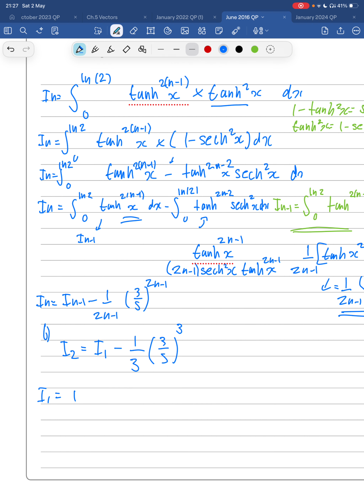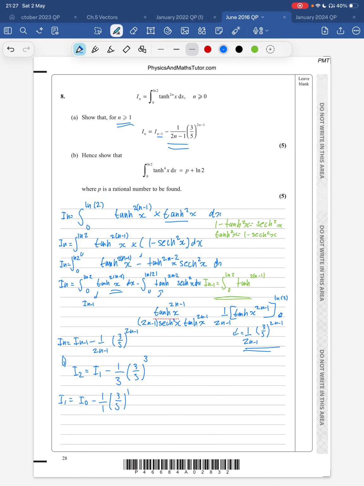That's going to give us I_0 minus 1 over 2 minus 1, times (3/5)^1. I_0 is not as simple as just using the reduction formula, because the reduction formula only works when n is greater or equal to 2. So for I_0 we just need to integrate ourselves.